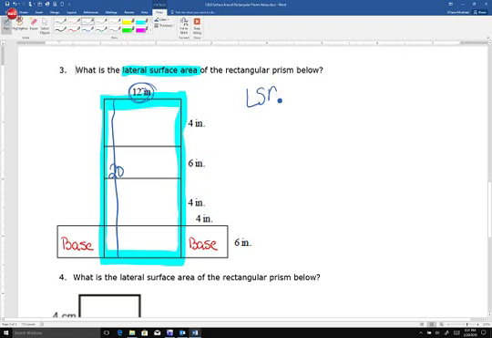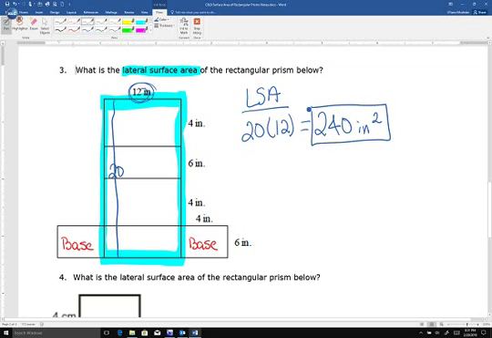So I know the lateral surface area is a 20 by 12, which is an area of 240 inches squared. Remember, when you're looking for lateral surface area only, you do not need the bases, just the large rectangle in the center. Do you have any questions at this time?